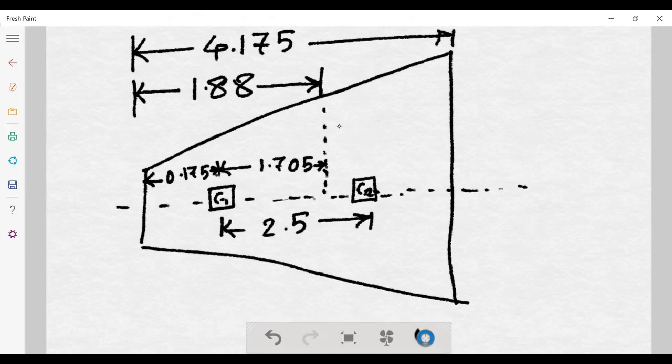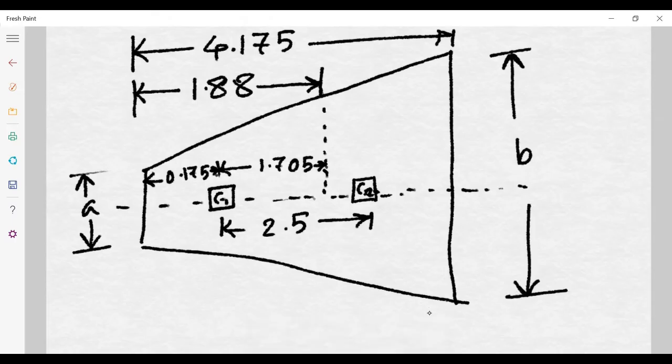So overall for the trapezoidal footing, if I consider this side as A, this side as B, and this 4.175 as L, the resultant of the two loads, at this location 1.88, should also be the CG of the footing.